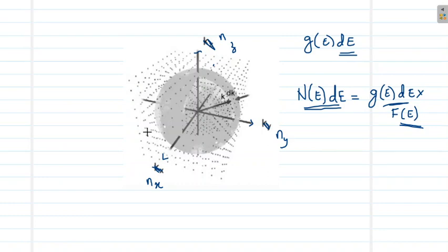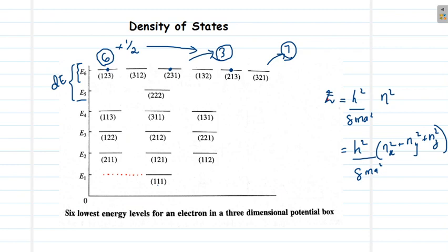Now, we know those points with Nx square plus Ny square plus Nz square equal to N square. Some of the combinations will have Nx square plus Ny square plus Nz square equal to N square. For example, here this combination.